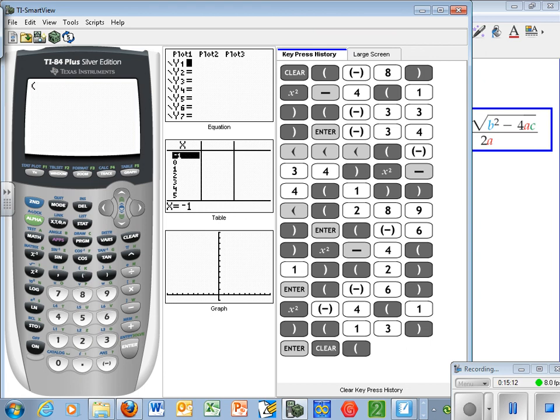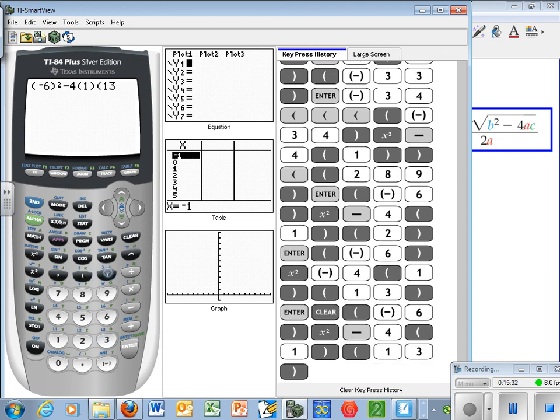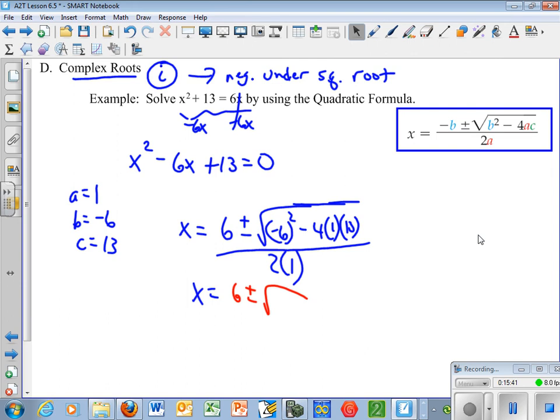I have negative 6 squared minus 4 times 1 and then times 13. Okay, I entered something incorrectly before. So we get negative 16 under the root. And then on the bottom I have 2 times 1, which is 2.